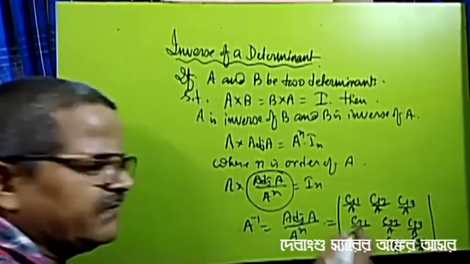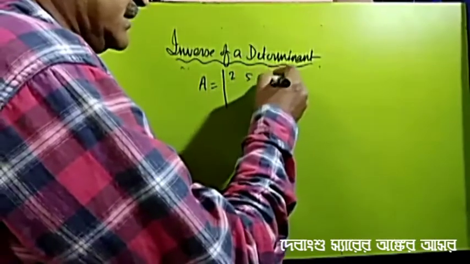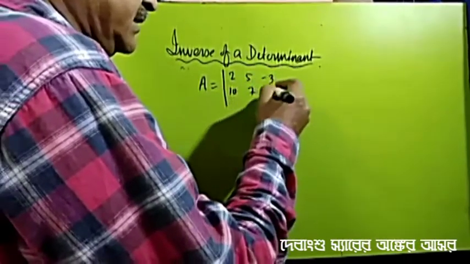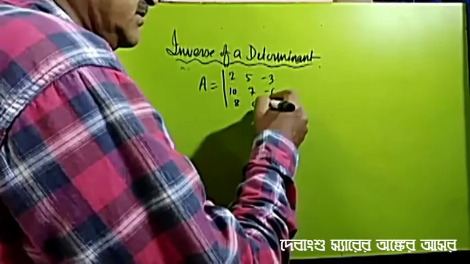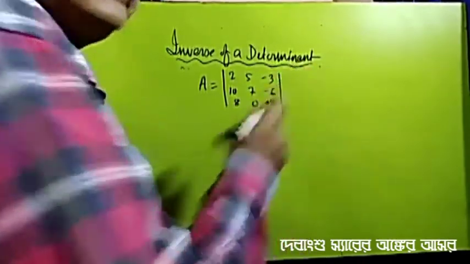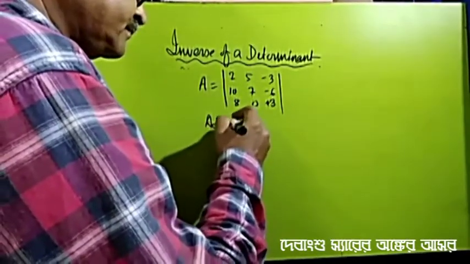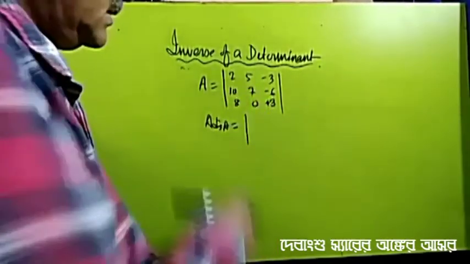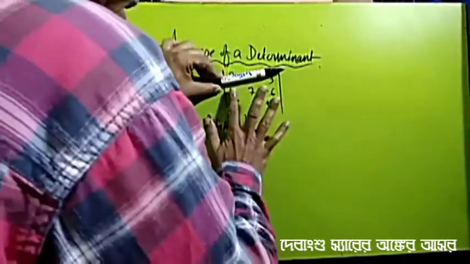Find the inverse of A. A is equal to 2, 5, minus 3, 10, 7, minus 6, 8, 0, 3. What is adjoint A? For this element, eliminate these two.